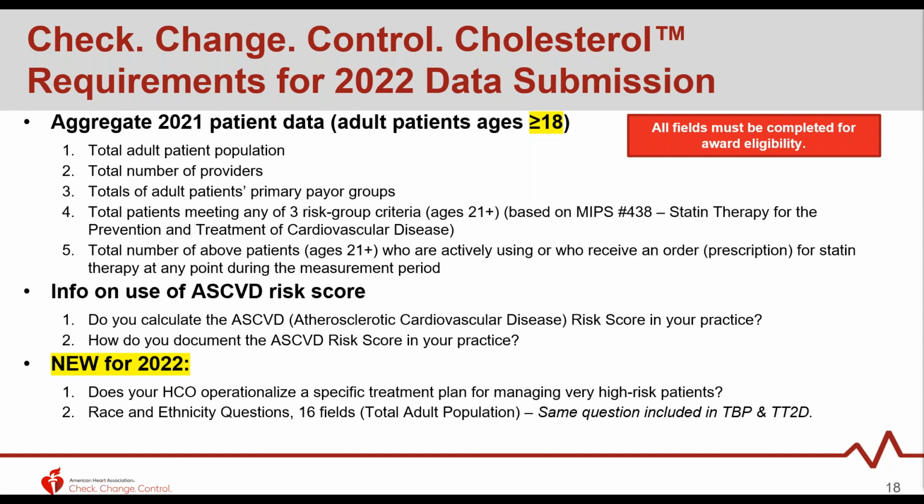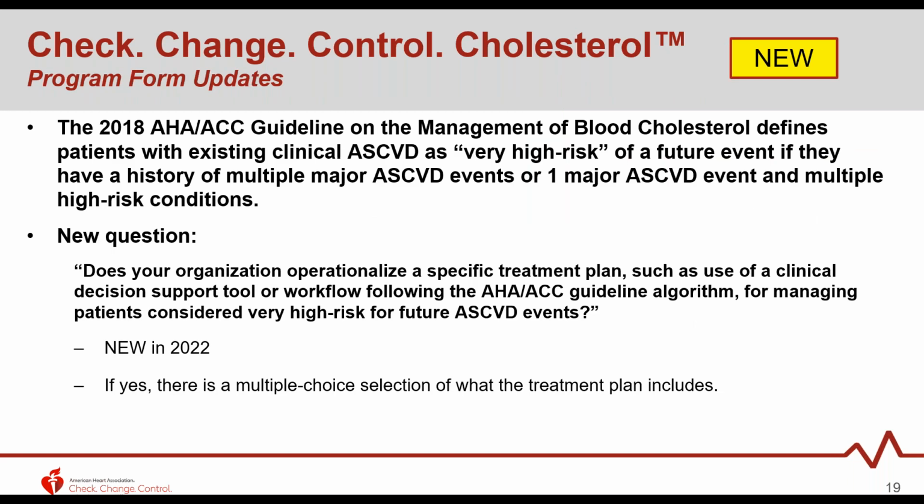Looking closer at the new question for Check Change Control cholesterol, it reads, the 2018 AHA-ACC guideline on the management of blood cholesterol defines patients with existing clinical ASCVD as very high risk of a future event if they have a history of multiple major ASCVD events or 1 major ASCVD event in multiple high-risk conditions.